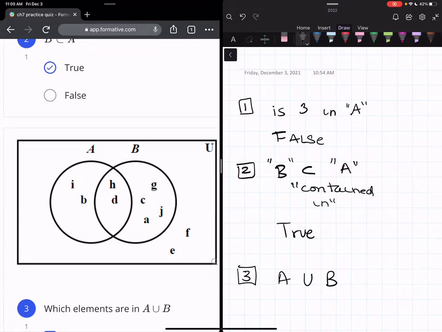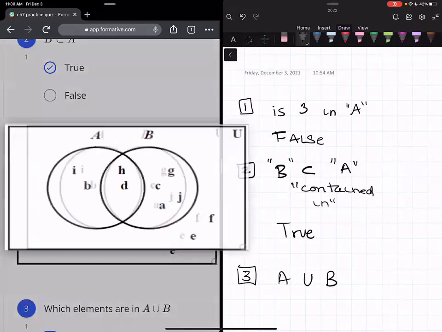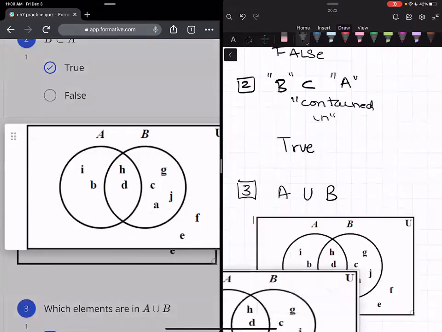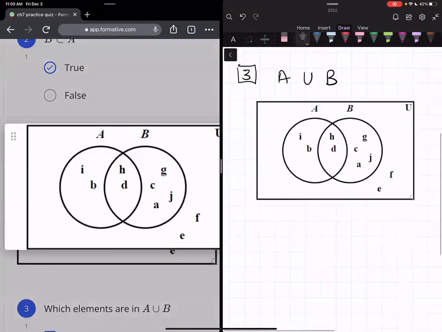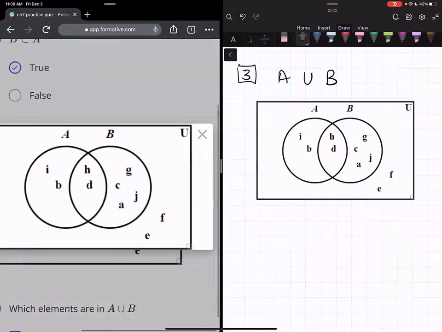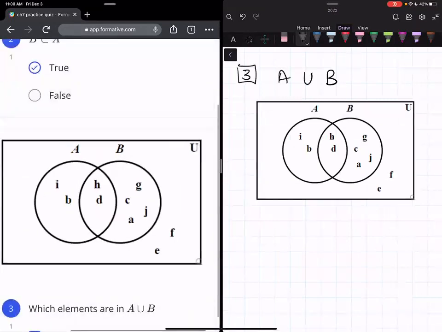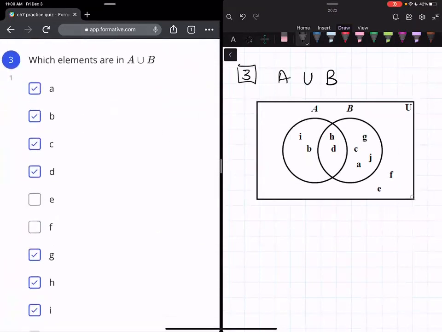So pick everything, but don't pick E and F. Agree? So everything except for E and F. So check most of them.